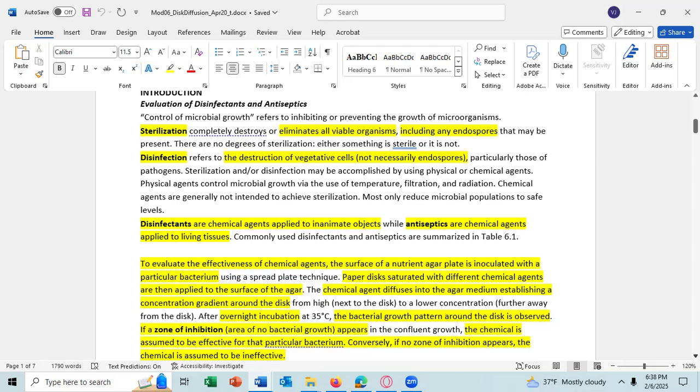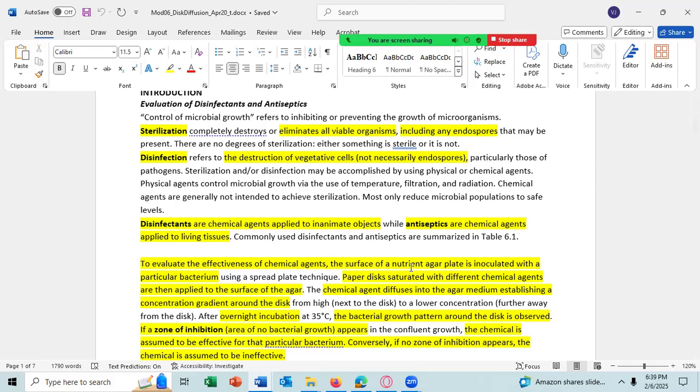Disinfection. When we use bleach on a toilet, you do not necessarily kill all the endospores. Bleach does not kill all endospores, and some species are more resistant than others. Disinfection does not kill endospores.